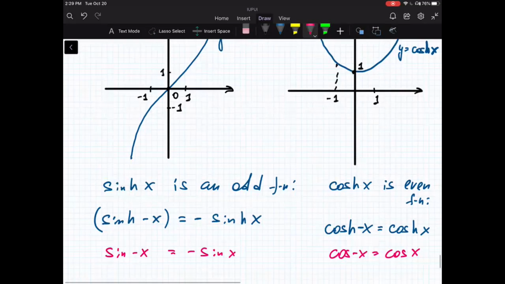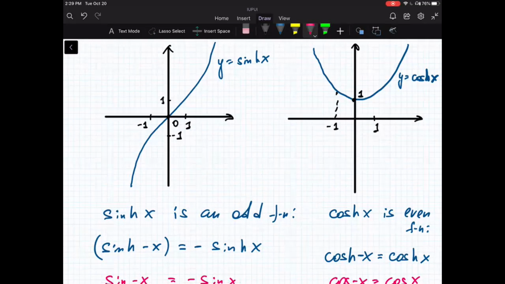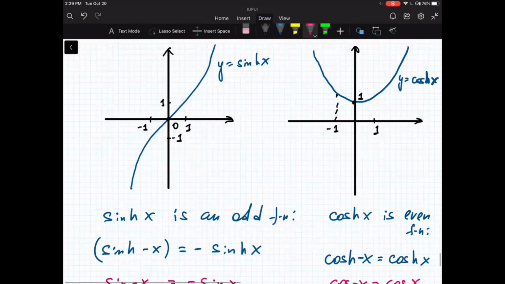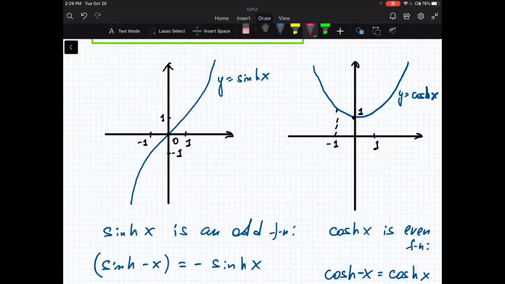But of course, you see the difference between trigonometric functions and hyperbolic functions, because first of all, we know that trigonometric functions are periodic and are bounded. So they run from -1 to 1, while here both functions are not periodic, and also hyperbolic sine of x goes to minus infinity when x goes to minus infinity, and goes to plus infinity when x goes to plus infinity.